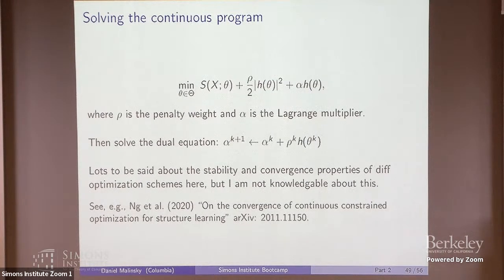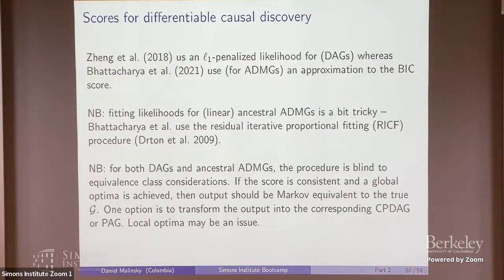And then, oh yeah, and these are a couple of references. That's in terms of the scores that people use, the approach proposed by Zhang et al. used a kind of L1 penalized likelihood score for DAGs, which I don't think is really consistent in their setting. In another paper by Bhattacharya and company, and full disclosure, I was a co-author on that paper, uses a different score that's an approximation to the BIC score.